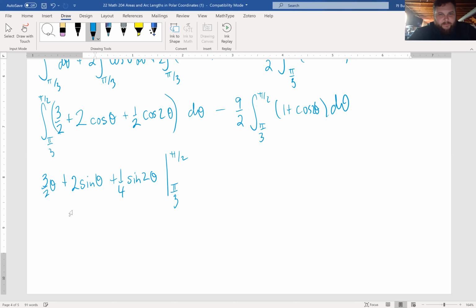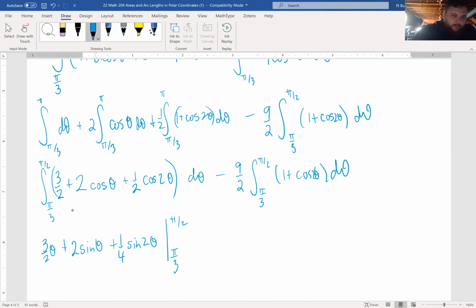Oops, looks like I started accidentally writing pi over 2 for this one. It's pi. There we go. All right, 9 halves. It's going to be theta, 1/2 sine 2 theta, from pi over 3 to pi over 2.